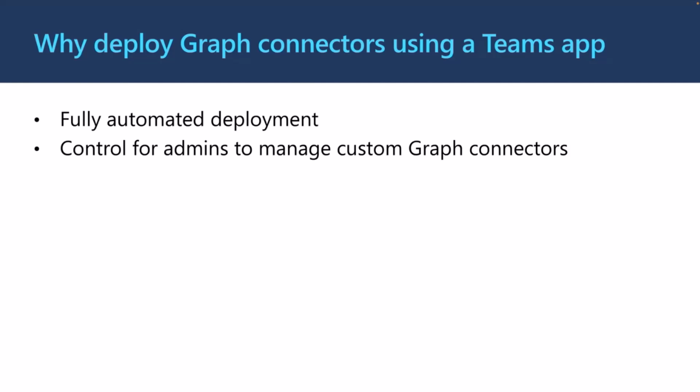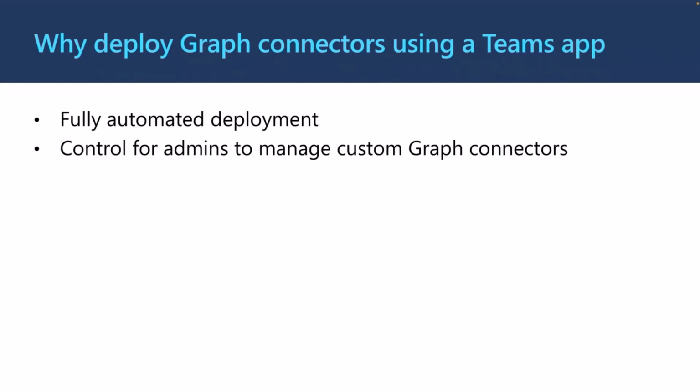But you also have this one cool ability, which is to deploy a connector as a Teams app. Now, why would you do that? Two reasons. One is it gives you a fully automated deployment. You don't need to give somebody a PowerShell script or a document to set things up.